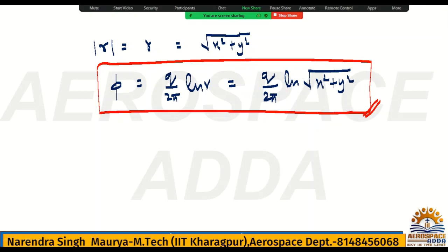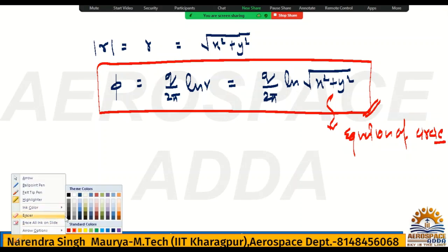What is the meaning of this? This is the equation of a circle, yes or no?